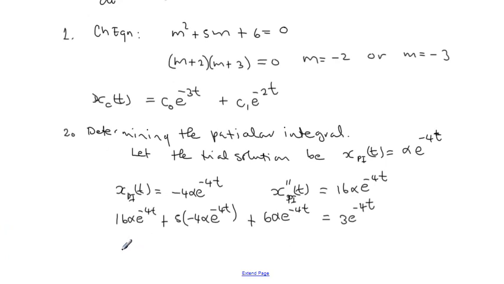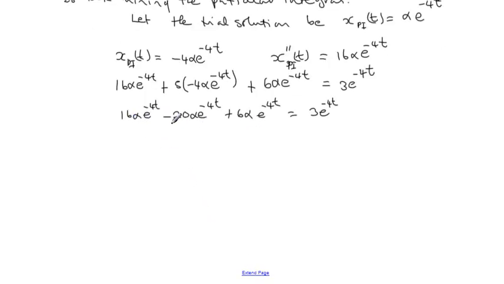Simplifying, we've got 16 alpha e to the power minus 4t minus 20 alpha e to the power minus 4t plus 6 alpha e to the power minus 4t equals 3 e to the power minus 4t. And we see that the left hand side, we get 2 alpha e to the power minus 4t equals 3 e to the power minus 4t.